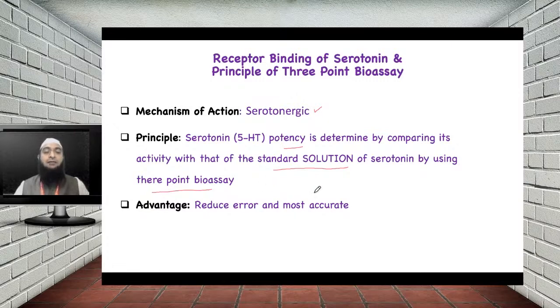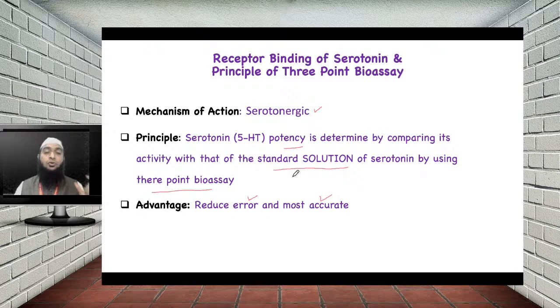The best advantage of this experiment is that we repeat the standard concentration and test concentration 3 times, and we take the average of that, right? Due to that, it reduces the possibility of error, and it is the most accurate method. Whereas in interpolation bioassay and matching bioassay, we have seen we are not repeating the dose of the standard as well as the test, and we are not taking the average.